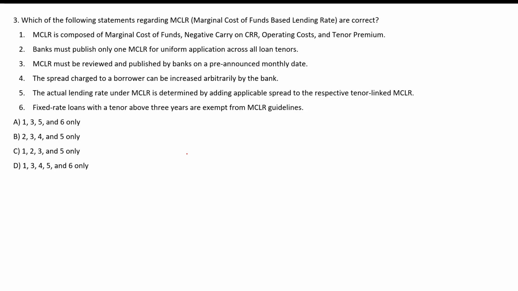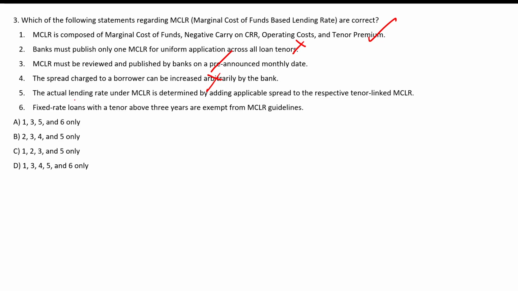Which of the following statements regarding MCLR are correct? MCLR is composed of marginal cost of funds, negative carry of CRR, operating cost, and tenor premium. So this is correct. Banks must publish only one MCLR. No, they must publish at least 5. MCLR must be reviewed and published by banks on a pre-announced monthly date. This is correct. The spread charged to the borrower can be increased arbitrarily by the bank.